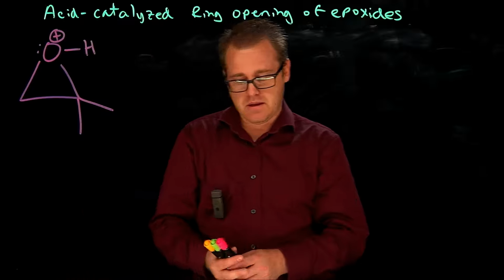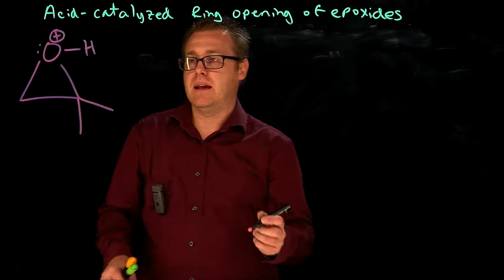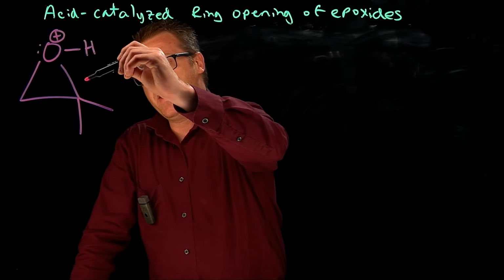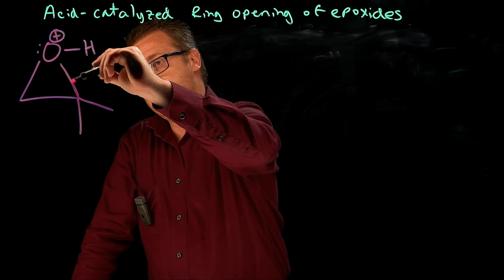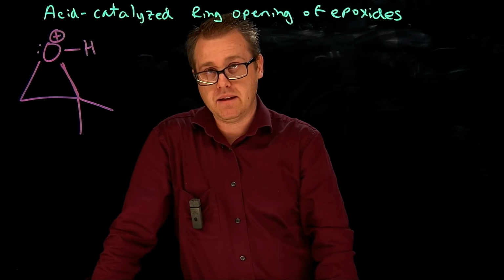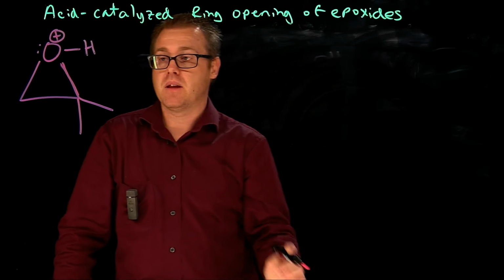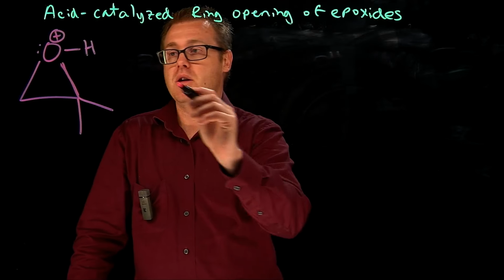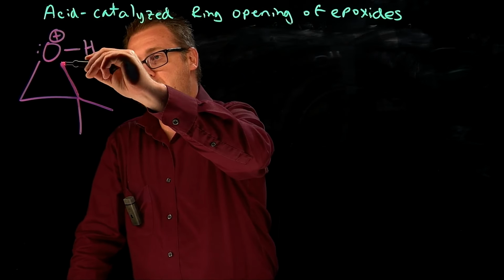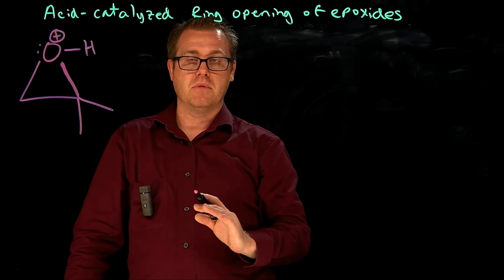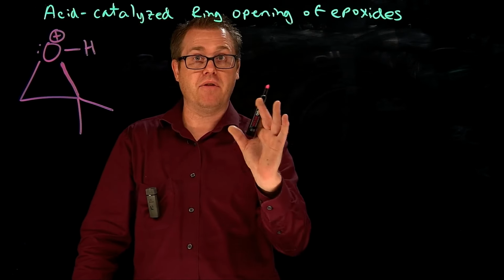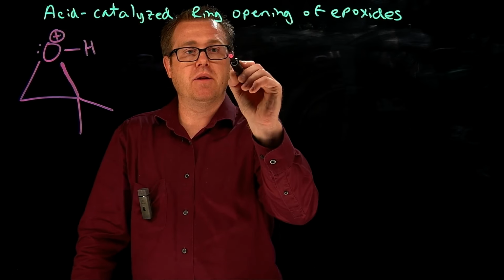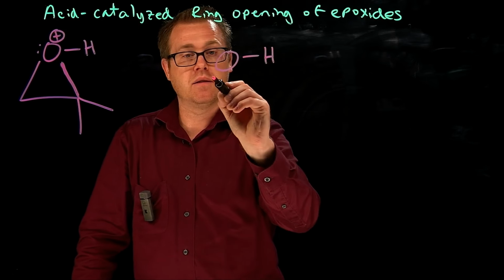Okay? So what we have is this oxygen-carbon bond is the one that's going to be the weakest. Let's just do a hypothetical. What if I completely broke that oxygen-carbon bond? That's not what happens, but what if I just completely broke it? It would look like this.